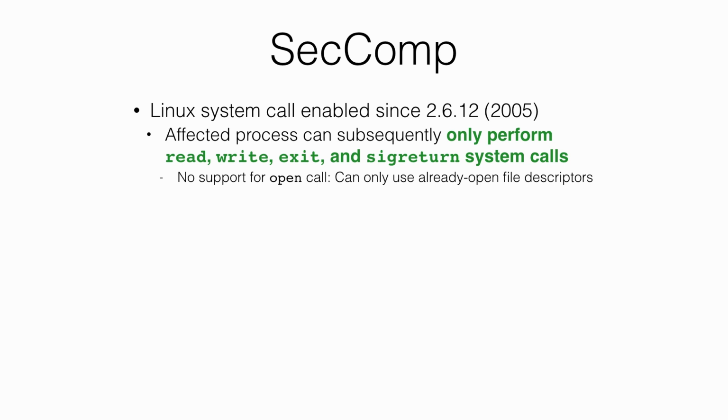Notice that there is no support for the open system call. Instead, the compartmentalized process can only use already open file descriptors. Seccomp therefore isolates a process by limiting its possible interactions to only these system calls.